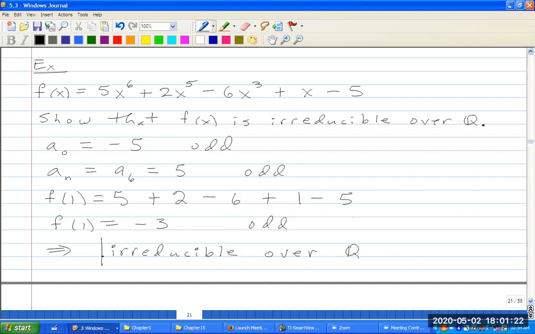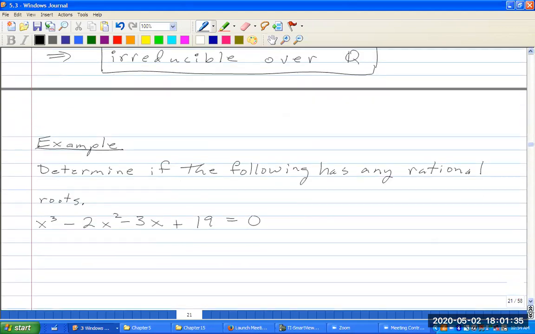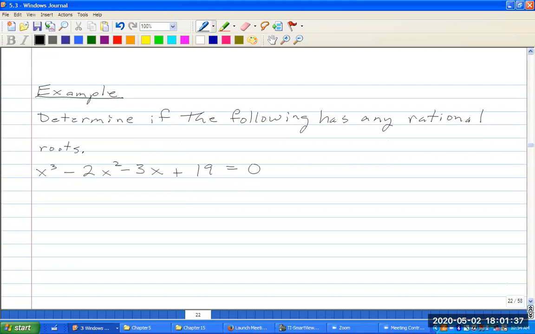So I can't factor this over the rationals. Okay, so that's an important thing to note. Let's look at the following. Can this be a method for the previous examples? Can this be a way to check every question?